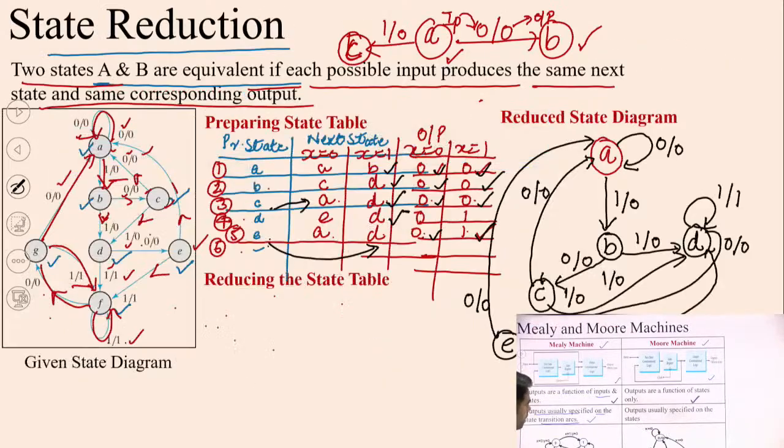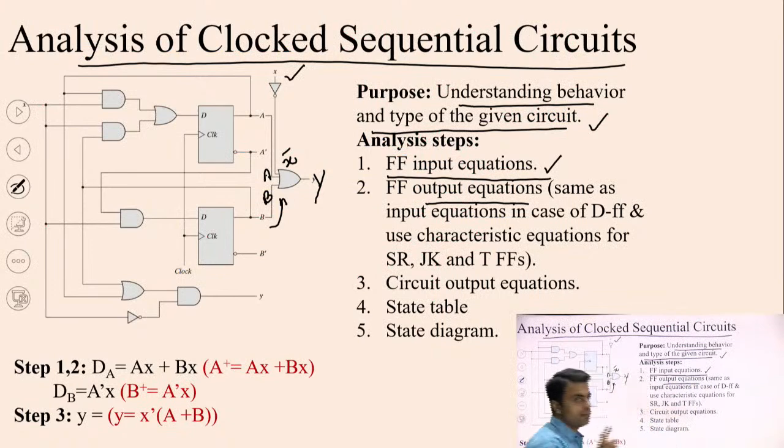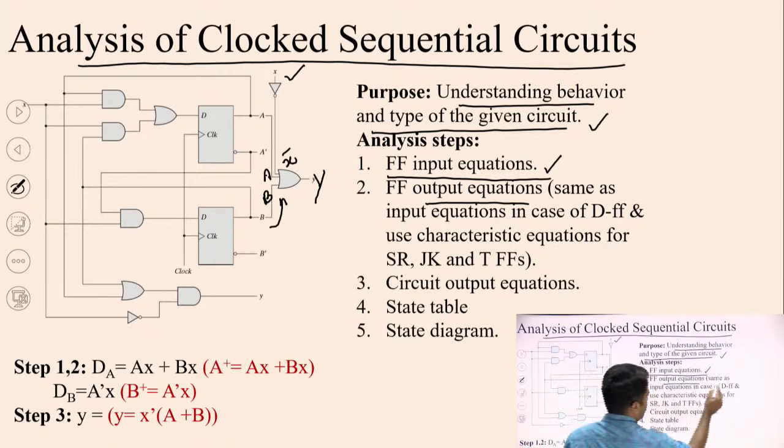So here you can see the first step, flip-flop input equation. In the first step we will identify what is the input given to the flip-flop, and that input will be used to find the output of the system by using its characteristic equation, the flip-flop output equation.